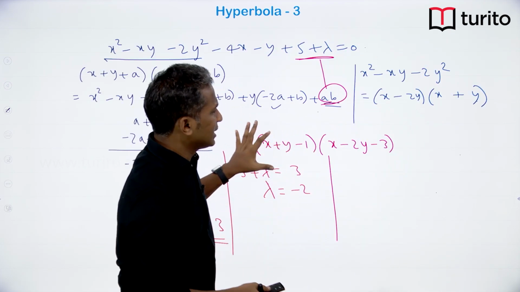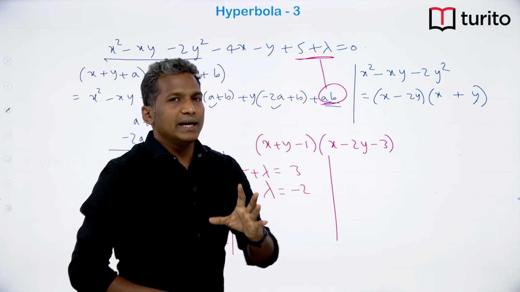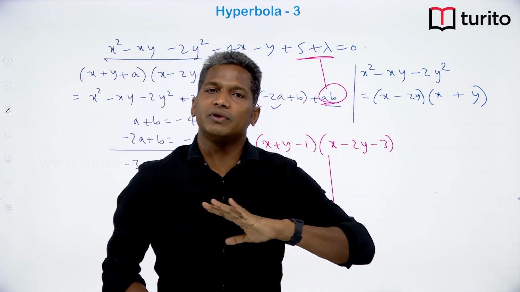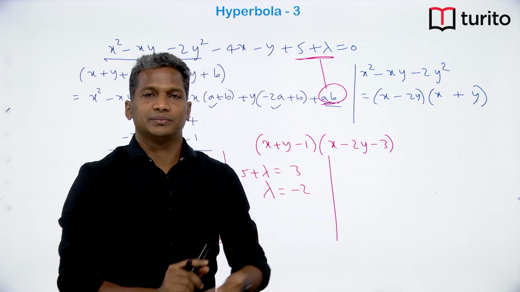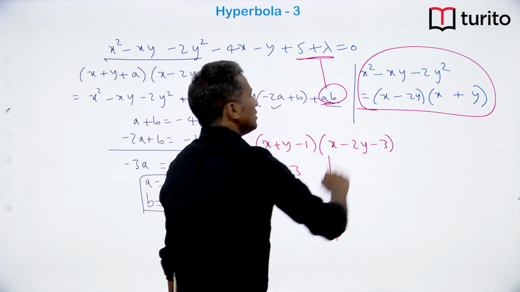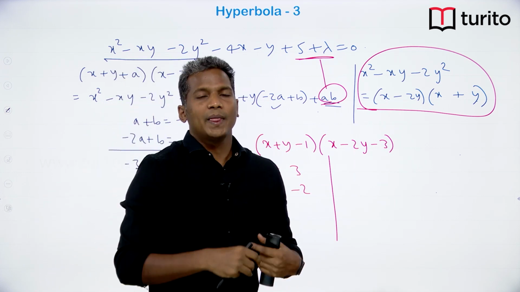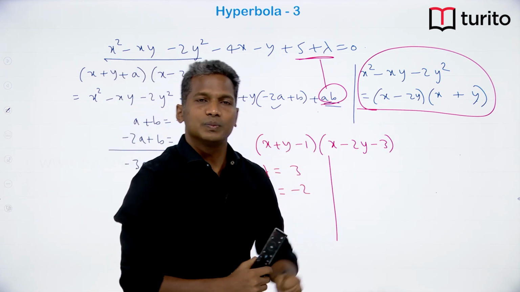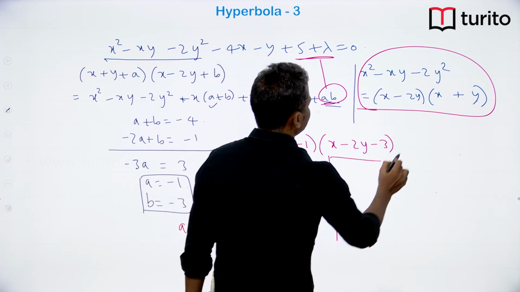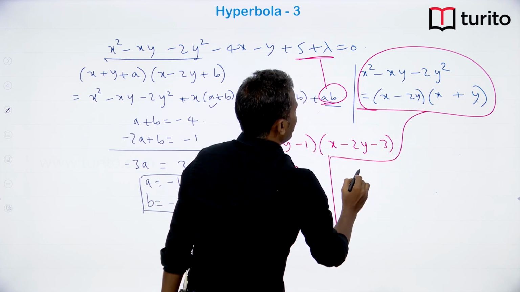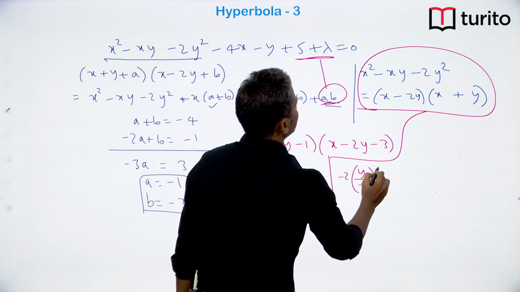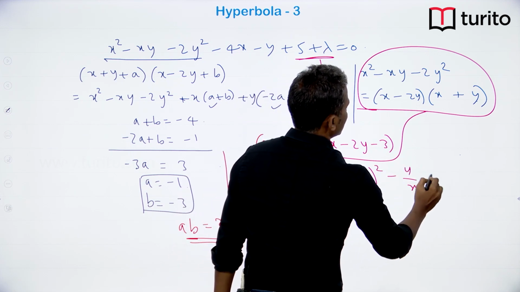So the beauty of this technique is the factorization, and in hyperbola, factorization of the equation into two straight lines is always possible. So I have hit this idea. Now even if we are not able to get the factors smoothly like this, we can also use the idea of quadratic and get the roots, which will give you the slopes. So for example, here in this equation, if you take the ratio of y by x, it becomes minus 2 into y by x whole square minus y by x plus 1.